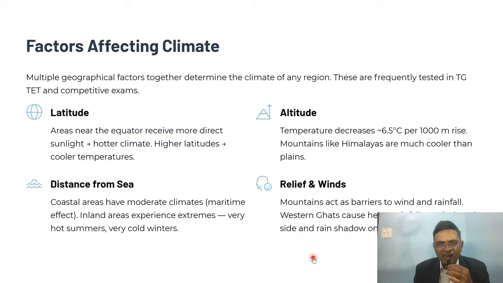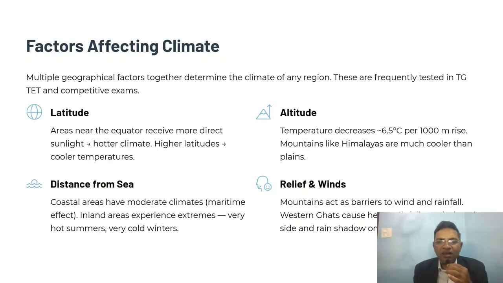Then altitude. Temperature decreases 6.5 degrees Celsius per thousand meters of rise. So if you go 1,000 meters up, the temperature decreases by 6.5 Celsius. So mountains like the Himalayas are much cooler than plains. Then distance from the sea also affects the climate. Coastal areas have a moderate climate.